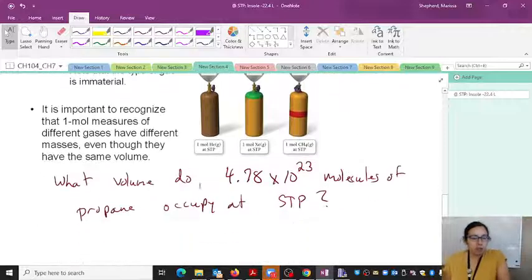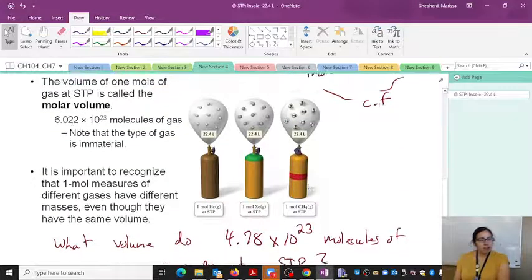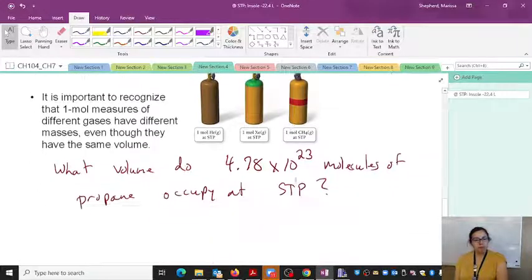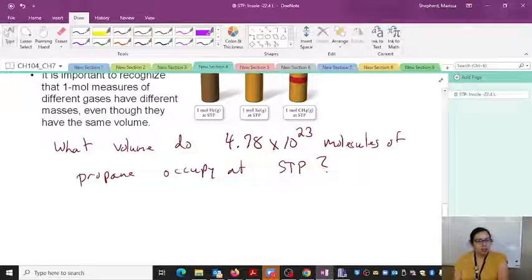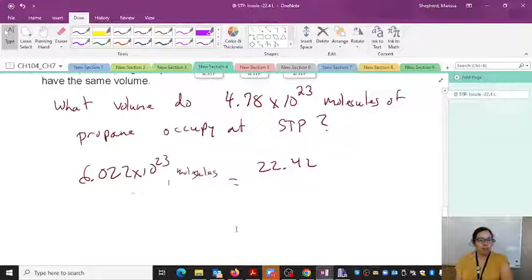Or it might be easier to just skip that step and use our molar relationship and our Avogadro's number. So what you could also do is, well, I know 6.022 times 10 to the 23rd molecules occupy 22.4 liters, because again, that's just our STP definition.